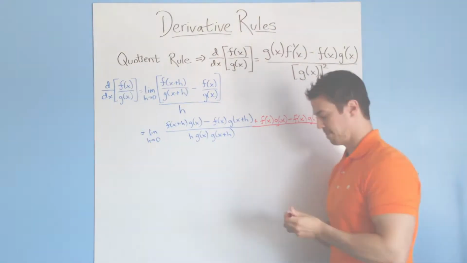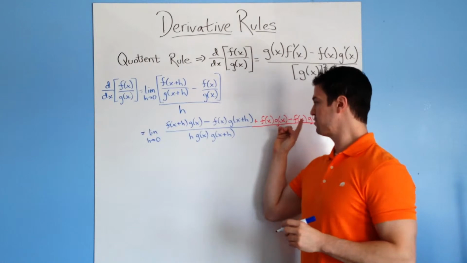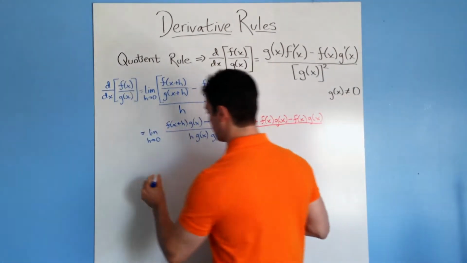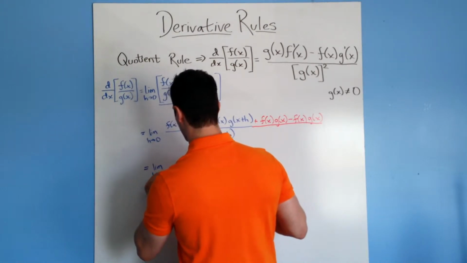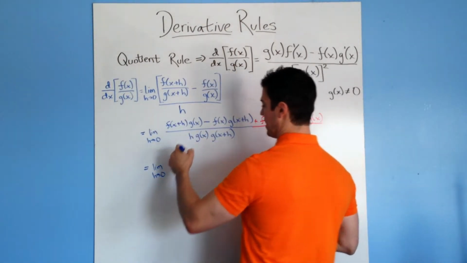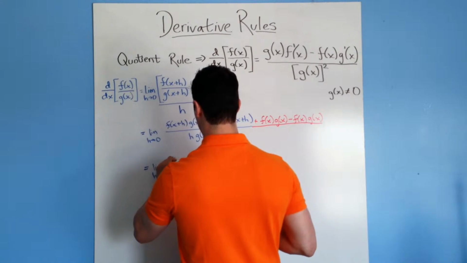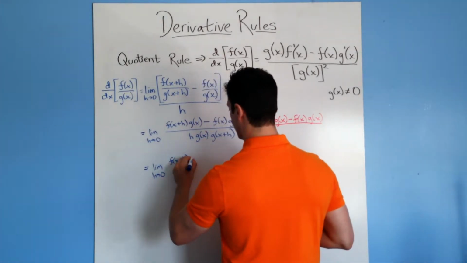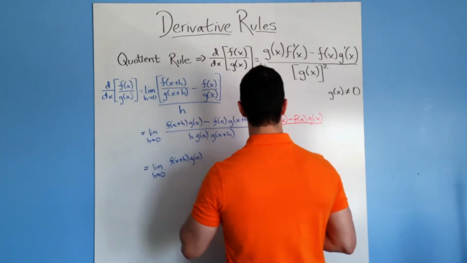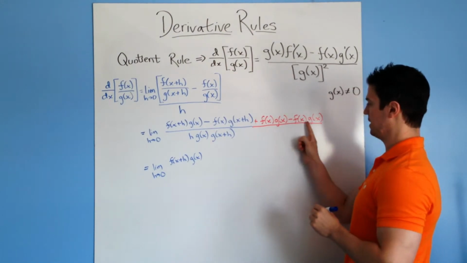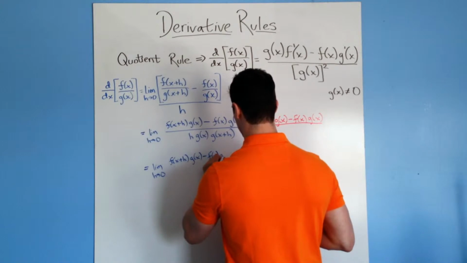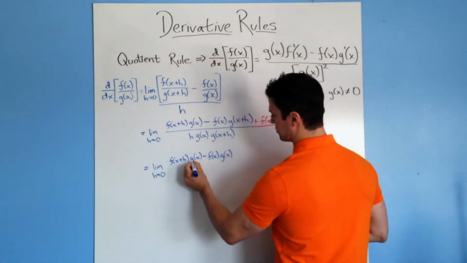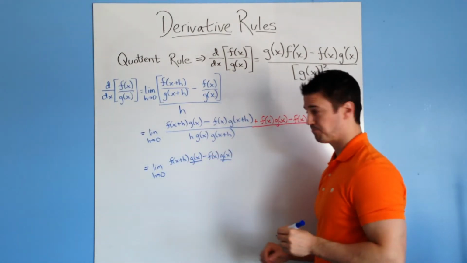All right, to make our life a little bit easier, I'm going to reorder this numerator just so it's easier for us to understand before we start factoring everything. So we're going to have f of x plus h g of x, and I'm going to combine that with this minus f of x g of x. That way our g of x's are together.